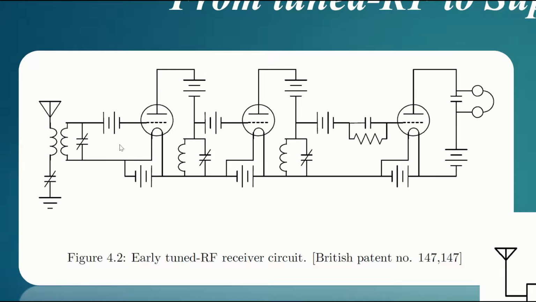And every one of these bandpass filters provides a little bit more selectivity. It rejects more of the bad signals, the interferers, and allows the main signals that you want to be amplified. And there are several stages of amplification.